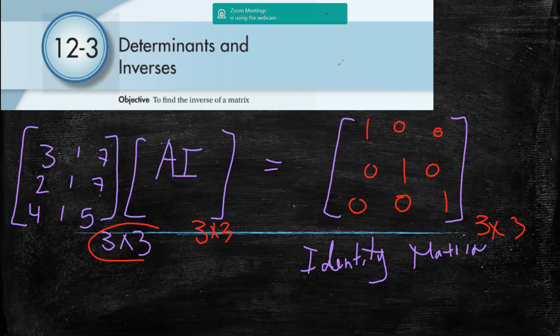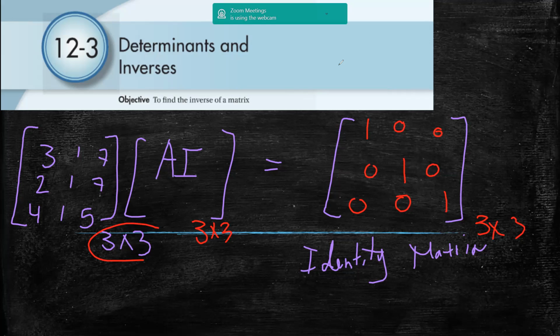Got it? So from this we know that only square matrices have an inverse, and not all matrices are square. I told you the meaning of square: the number of columns equals the number of rows. 2 by 2, 3 by 3. So only square matrices have an inverse.